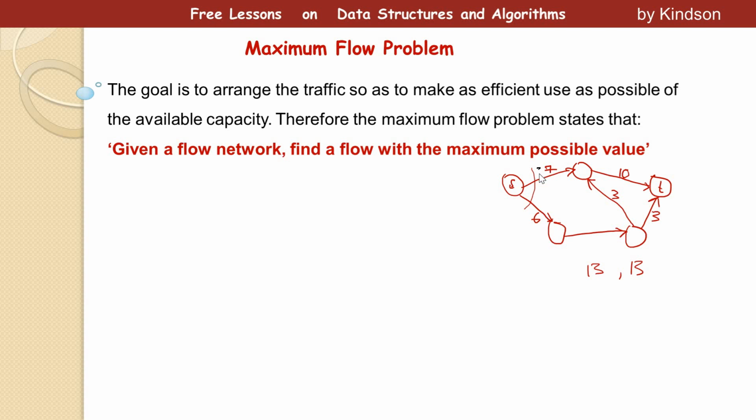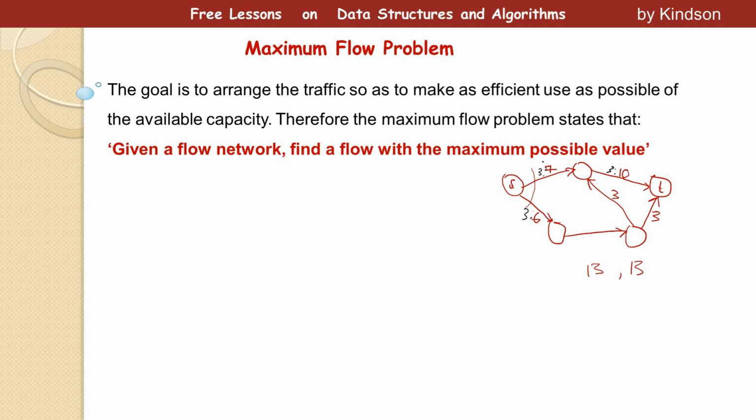Let's say we have 3, and there we now have a value of 6, which does not follow. So we are trying to say that we need to find the flow that is as close to the capacity as possible, and that is the maximum flow.